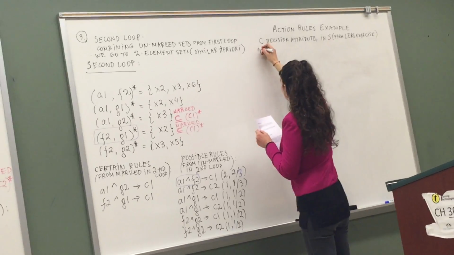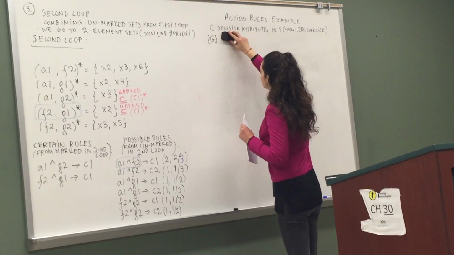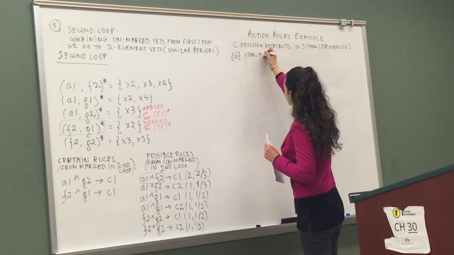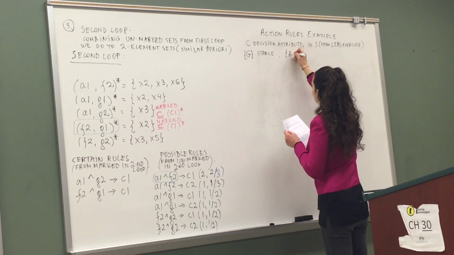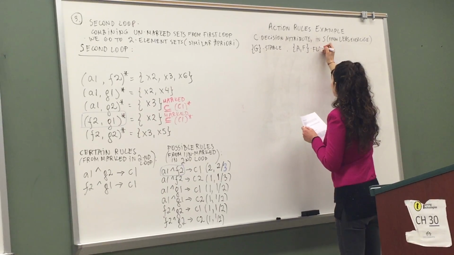Assume that G is stable and A and F are flexible.